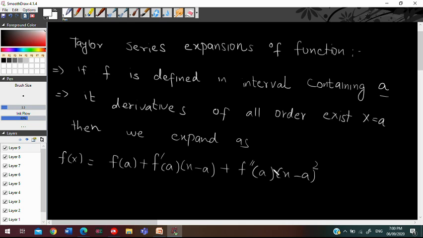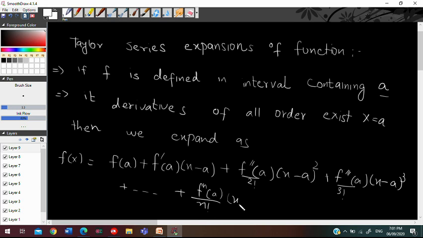Second derivative, second degree of this factor, plus third derivative, power cube of this factor, plus up to the nth derivative. Here we have 2 factorial, 3 factorial, and then n factorial with (x minus a) power n, plus up to so on.